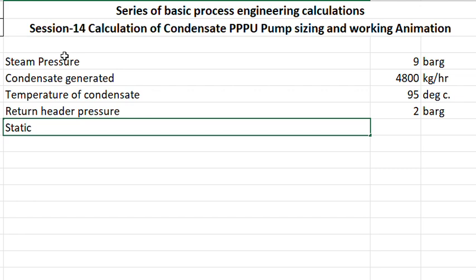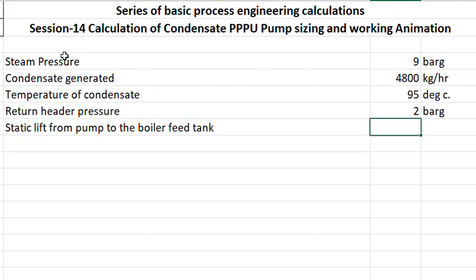The static lift means what level we are lifting that condensate, the static lift from the pump to the boiler feed tank, which is used to heat the water. As per normal common practice or based on practical experience, it is up to 8 to 9 meters. So I have considered 8 meters here.